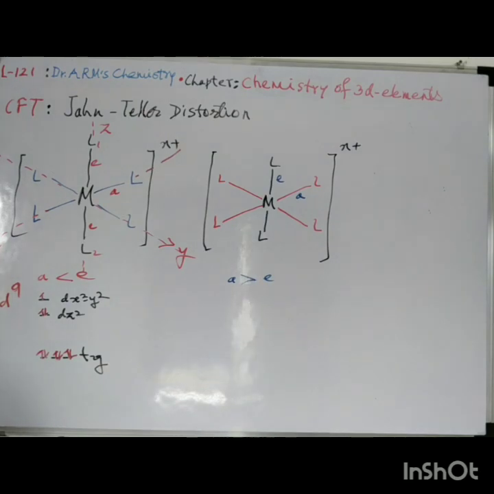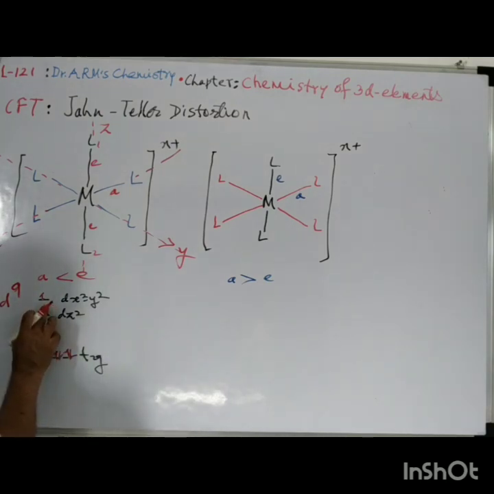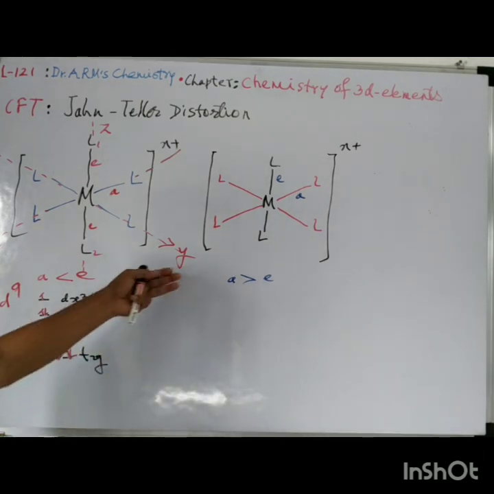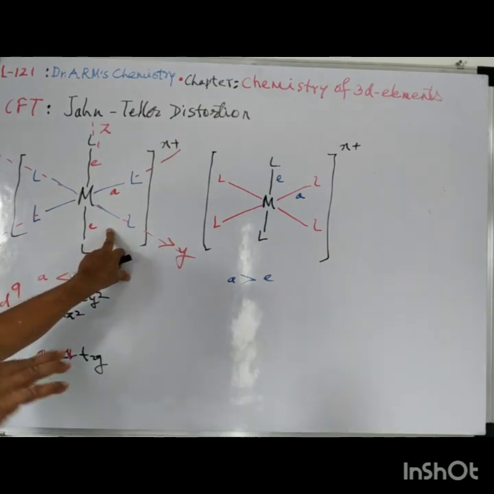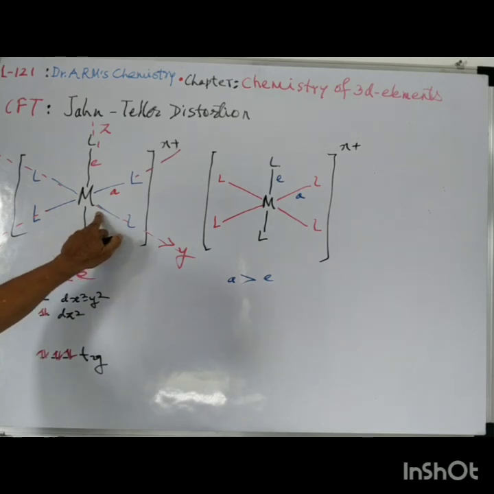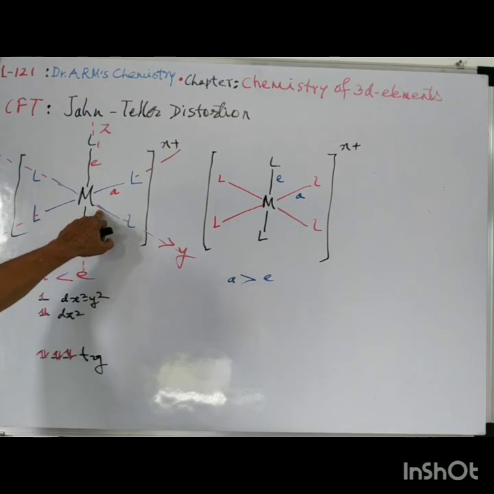6, 7, 8 and 9. So this is unequal distribution. So you will find that the electron density in this case, in the previous discussion we have seen that electron density lies more in the direction of this ML.